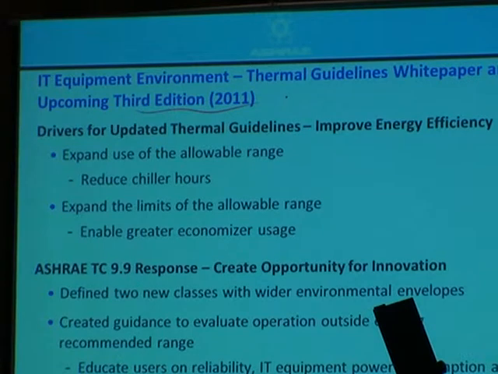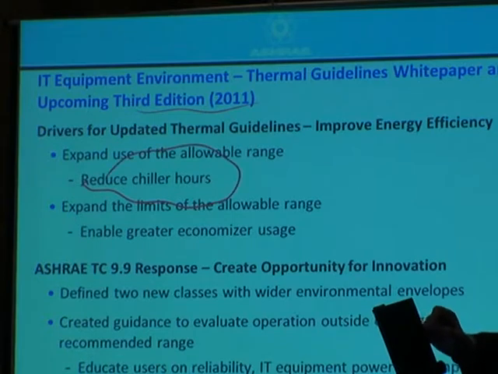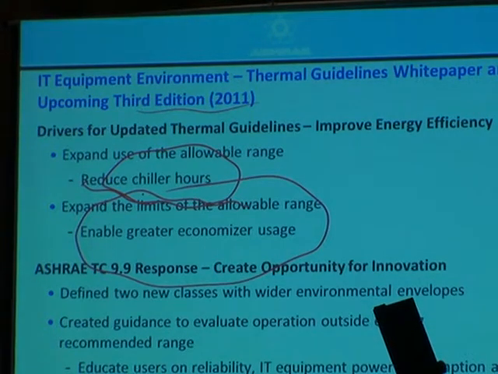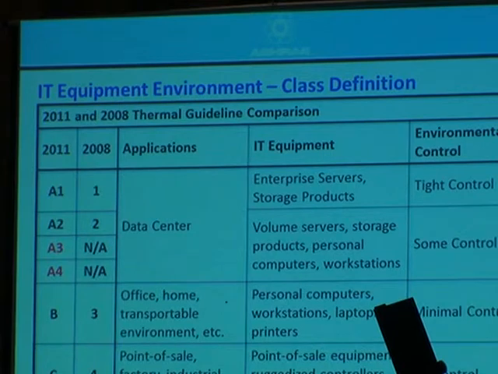So when it was 37 here last summer in Moscow, if you had equipment that ran to 40 or 45 C, then you could use the outside climate more to your advantage. So it was to reduce the number of chiller hours, that's one reason, and enable greater use of economizers. And we'll talk about economizers, both Don and I, in our presentation. So ASHRAE TC9 developed 2 new classes with wider envelopes, and let me show them on the next couple of charts.